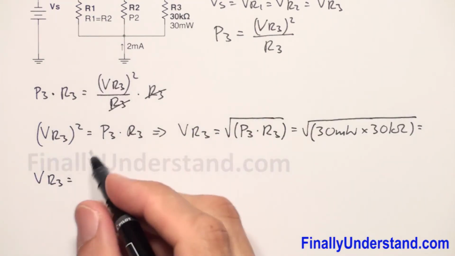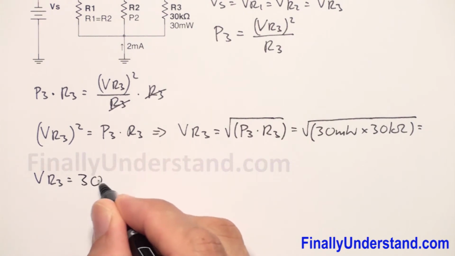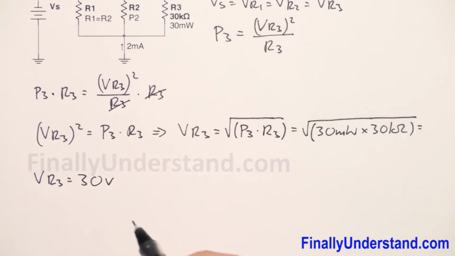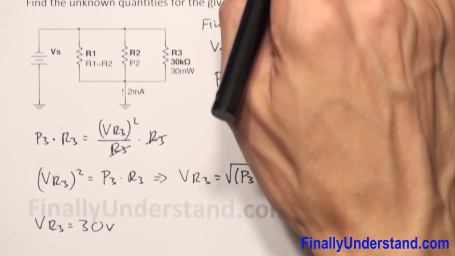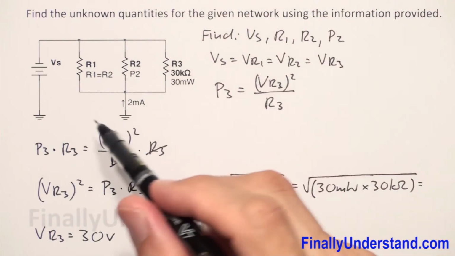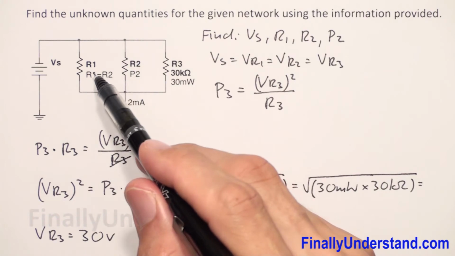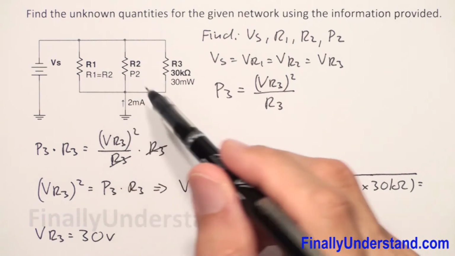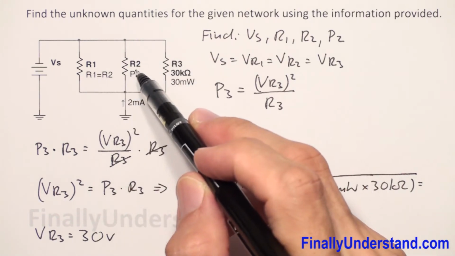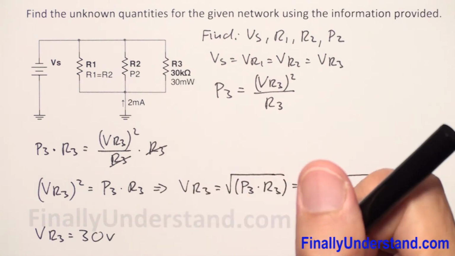Okay, so VR3 is equal to 30 volts. It means that the voltage source is equal to 30 volts, VR1 is 30 volts, VR2 is 30 volts, and of course VR3 is 30 volts.